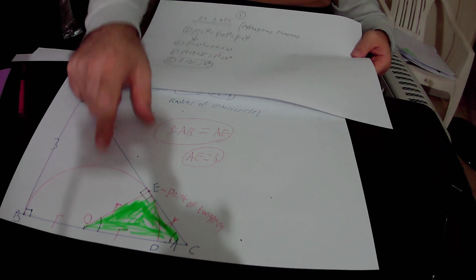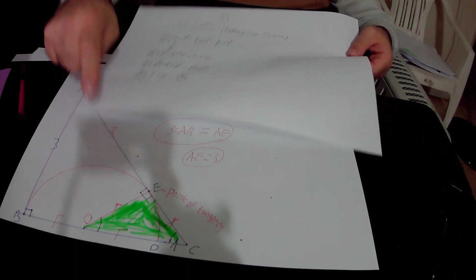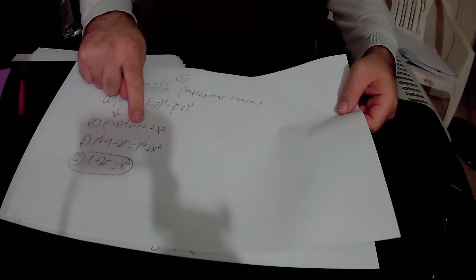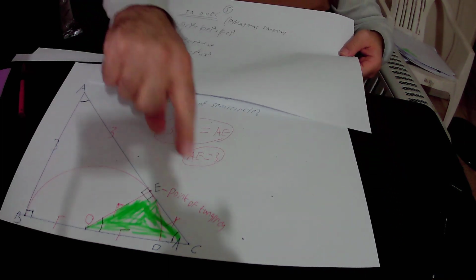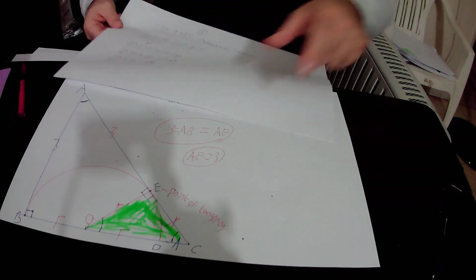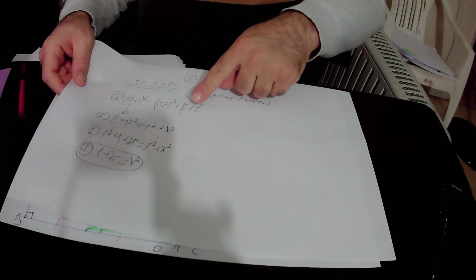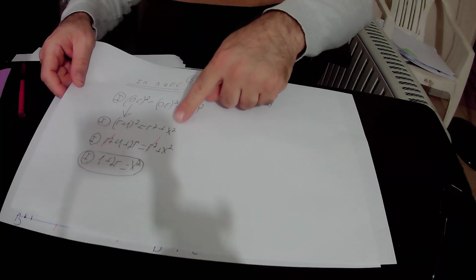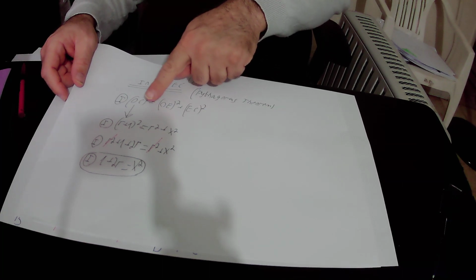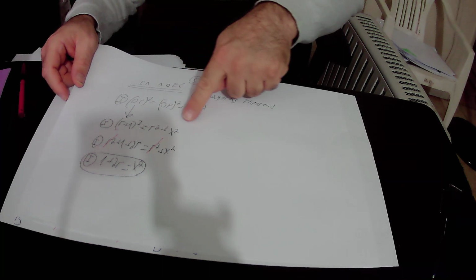What is the value of OE? OE equals R, so OE squared equals R squared. And what is the value of EC? EC equals X, so EC squared equals X squared. So in total we got that R plus 1 squared equals R squared plus X squared.